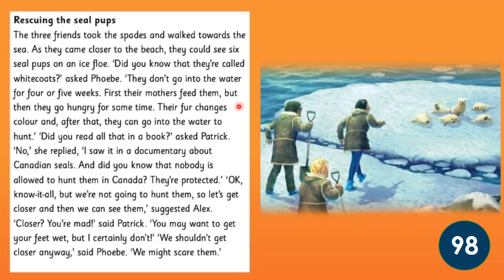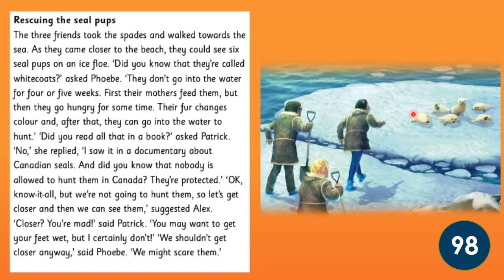Okay, so they are now stating some facts about the seal pups. The first one here is that they are called whitecoats. So why are they called whitecoats? As you see here, they're covered in white fur. And we have another fact, which is they don't go into the water for 4 or 5 weeks.